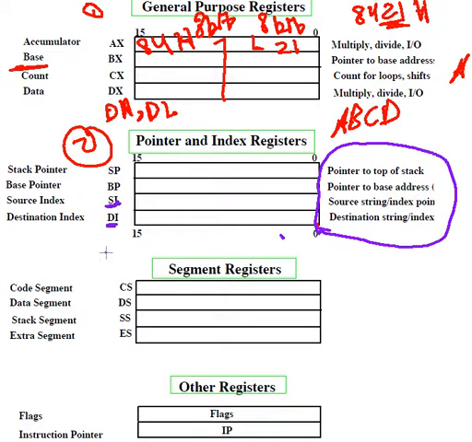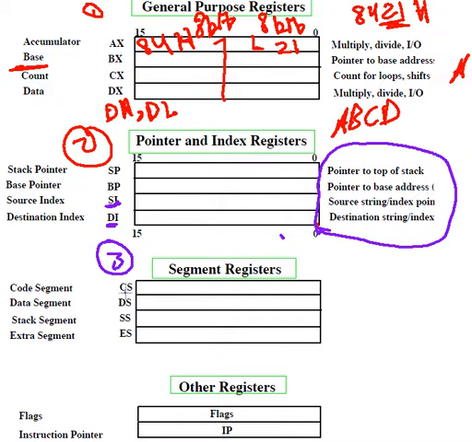The third part, which can be categorized into the second part, is the segment registers. This is one of the most important parts of assembly, because these four registers, CS, DS, SS, and ES, are mostly used in the calculation of the effective address or physical address.